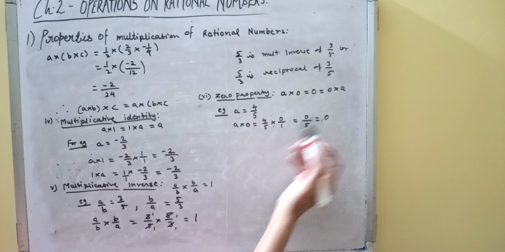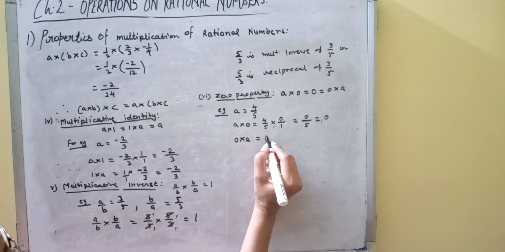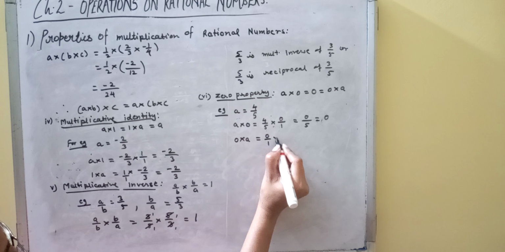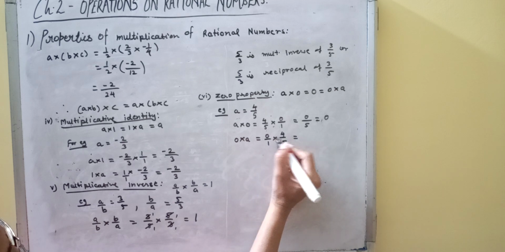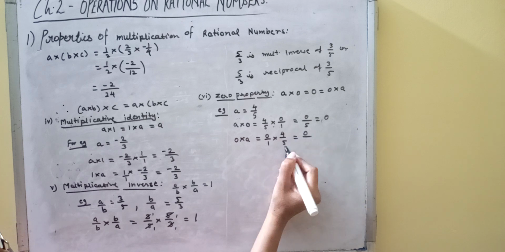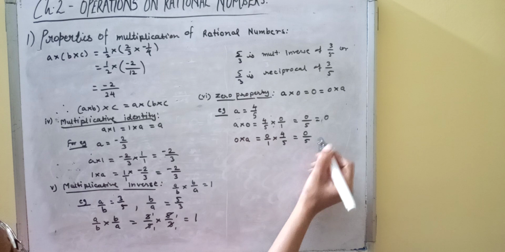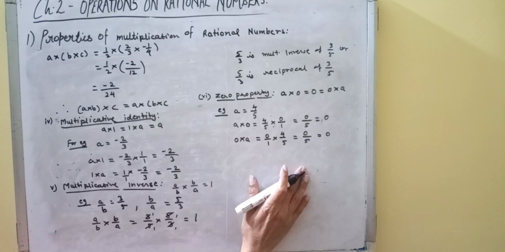Now we solve 0 into a, that is 0 upon 1 multiplied by 4 upon 5. 0 into 4 is 0, 1 into 5 is 5. So 0 upon 5 is 0. So this is the 0 property.